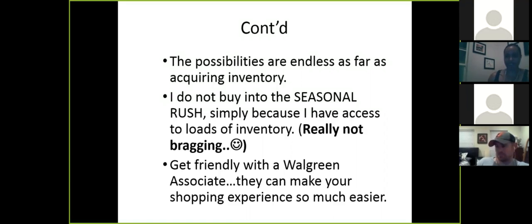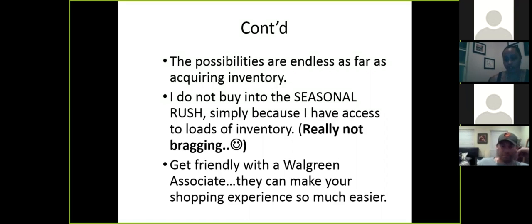Thank you. My suggestion, if you guys decide to take action, is when you go into a Walgreens, get friendly with the Walgreens cashier, an associate, or an assistant manager, because they could make your life so much easier.